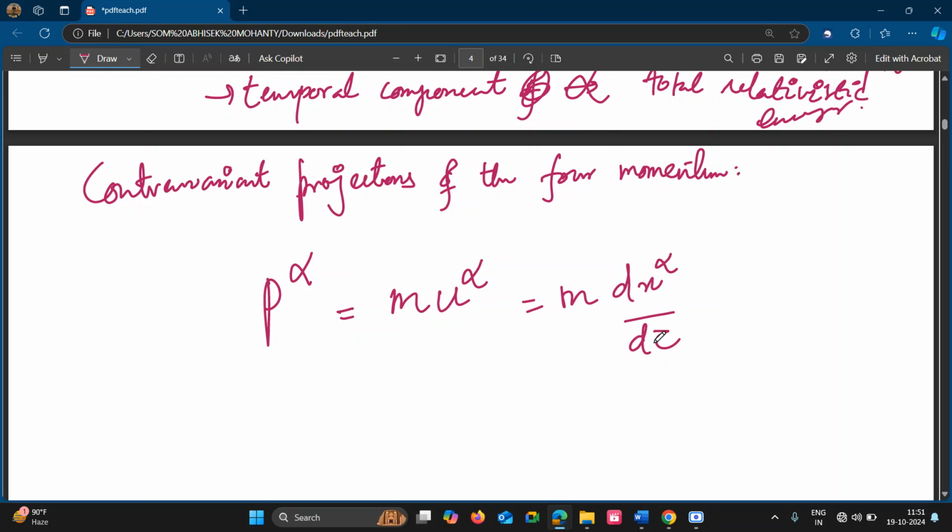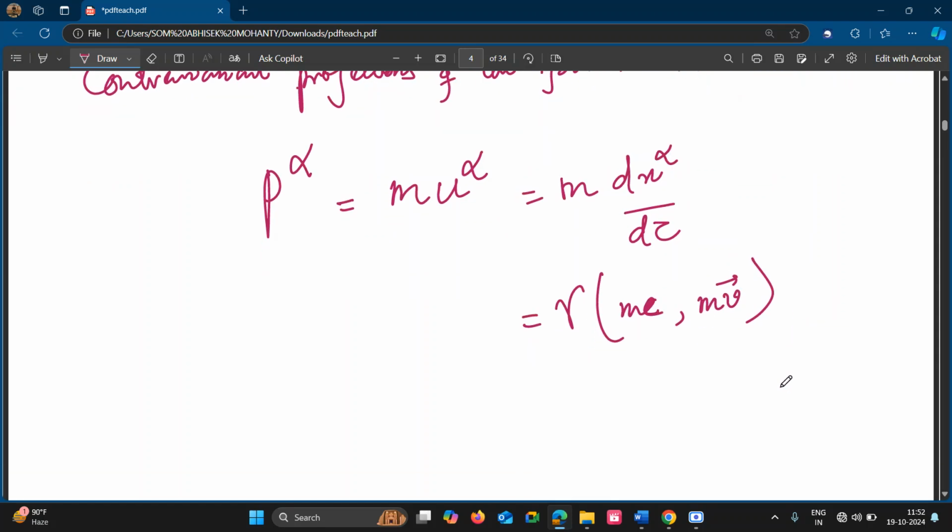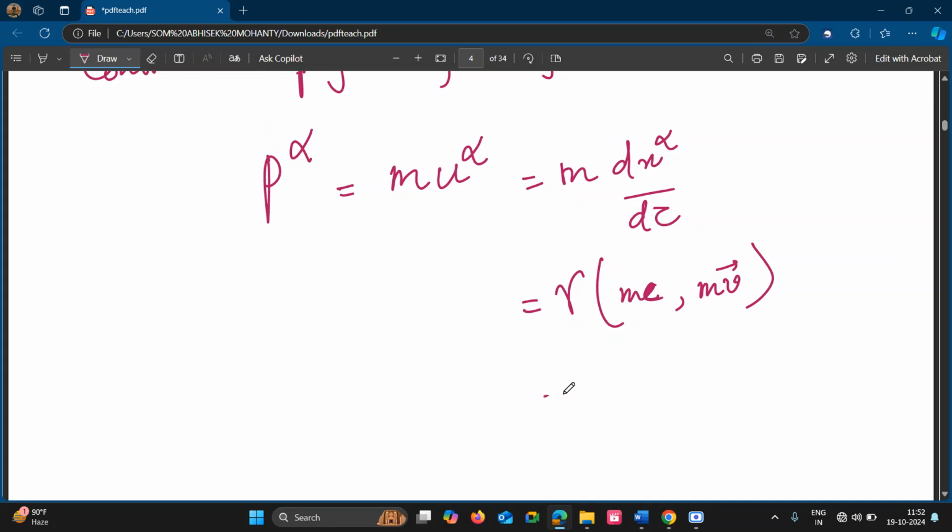So we can write this as gamma mc comma gamma m v vector.